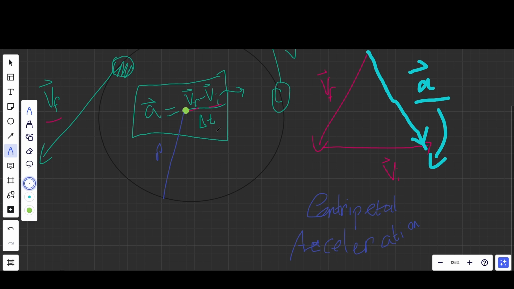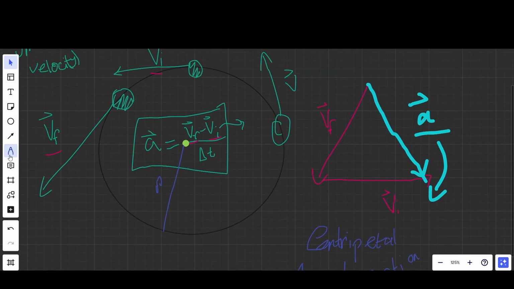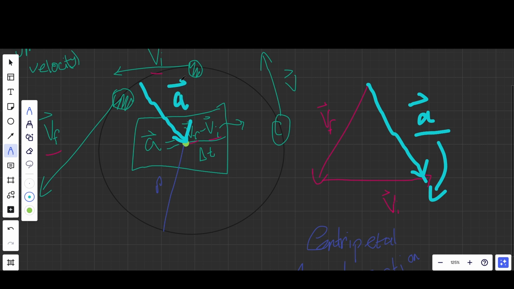The acceleration would be right here towards the center. So that's how, using vector sum, we can conclude that it will be pointing right toward the center.